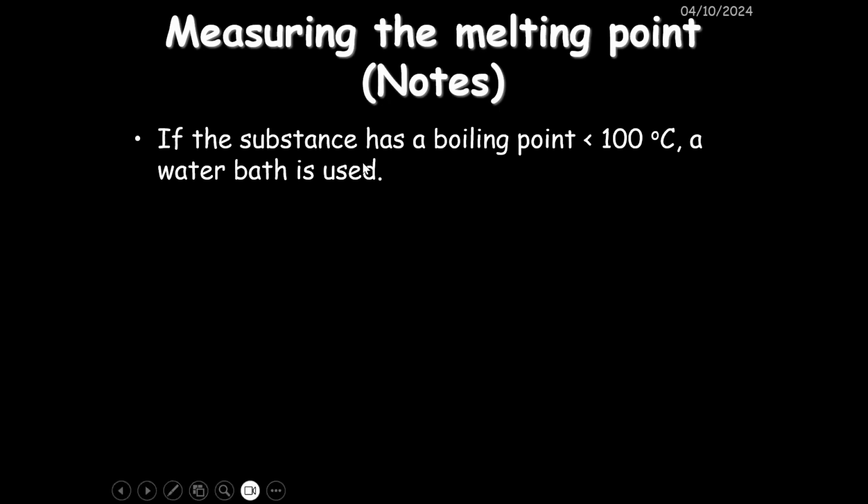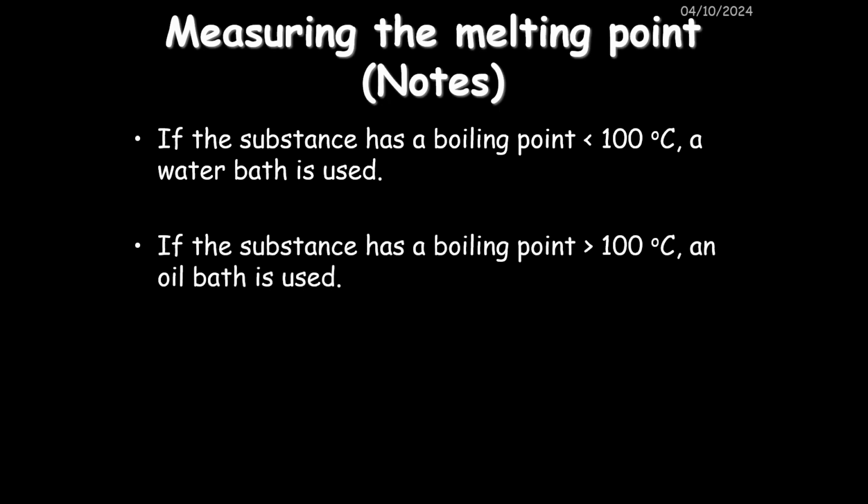Our standard is the boiling point of water, which is 100 degrees Celsius. If the substance that we use has a boiling point less than the boiling point of water, water will be used in the beaker as a water bath. But if the substance has a boiling point higher than the boiling point of water, you will use an oil bath instead.